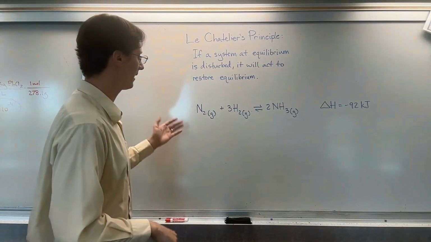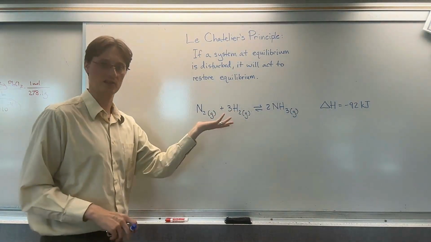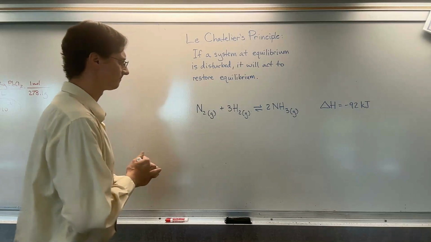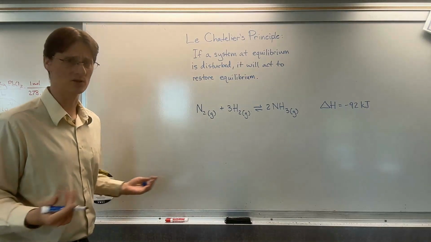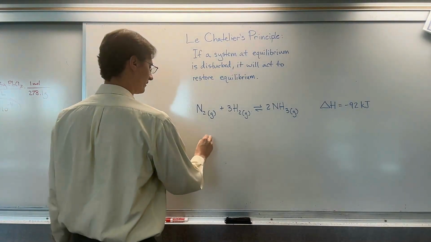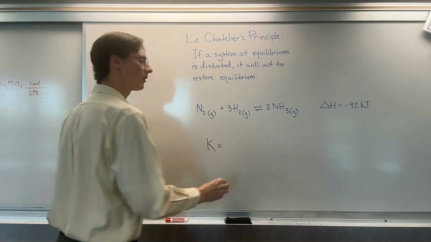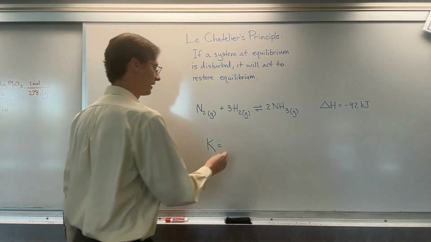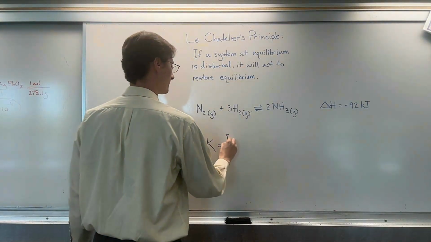I picked this reaction right here as an example, the formation of ammonia. I have no idea what the equilibrium constant is for this, but let's go ahead and write the equilibrium expression, and then I'll just make up a value for it, just for the sake of argument.